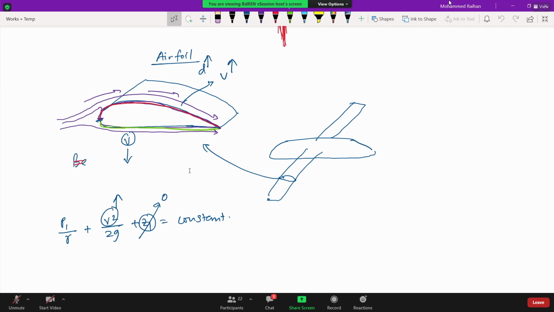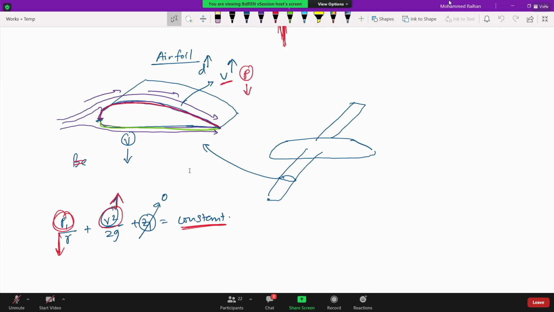What will happen to the pressure, since the whole thing is constant? If the velocity is more, the pressure will decrease, right?